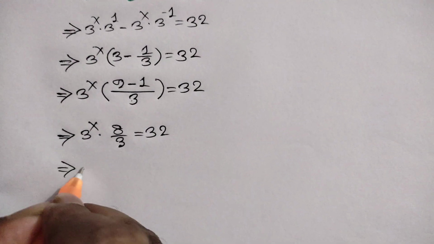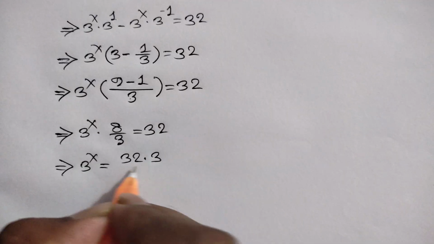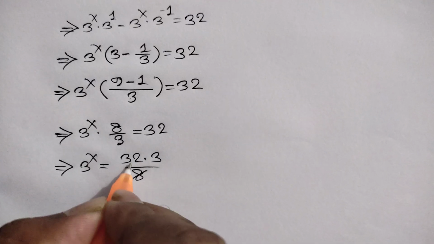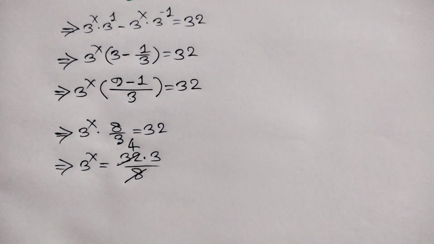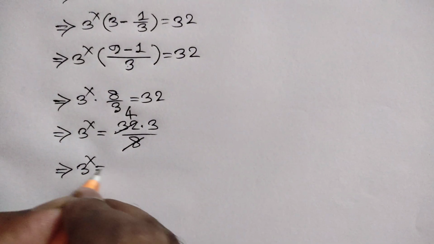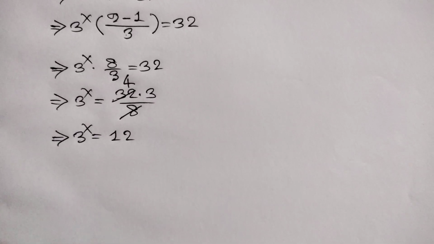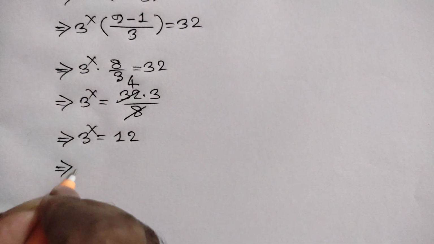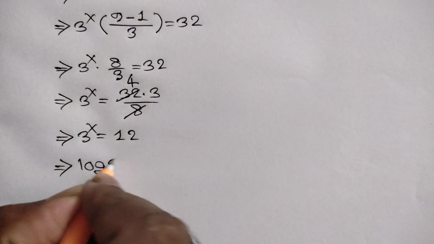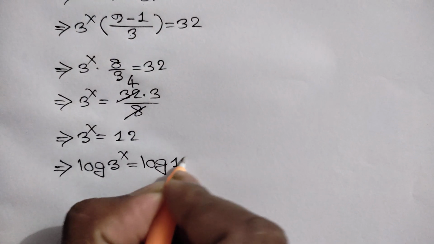Now we can write here 3 to the power x is equal to 32 times 3 over 8. Now here we will get 4, so we can write here 3 to the power x is equal to 4 times 3 is 12. Now taking log on both sides, we can write here log of 3 to the power x is equal to log of 12.